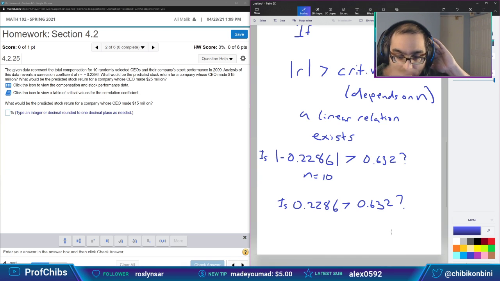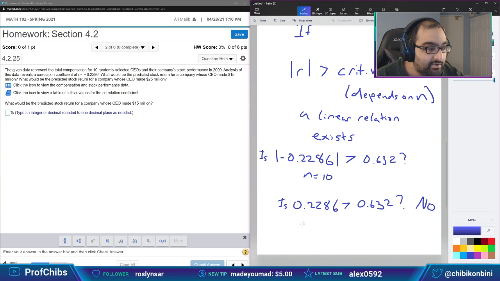It says if the first number is bigger than the second number. Either way, it would not be true. Even if it was negative, a negative number is always smaller than a positive number. So even with the absolute value making it positive, it's still not true. Either way, the answer is no, so in this case there's no linear relationship.